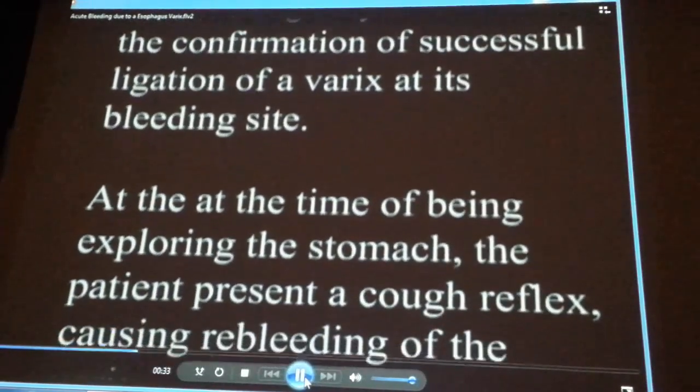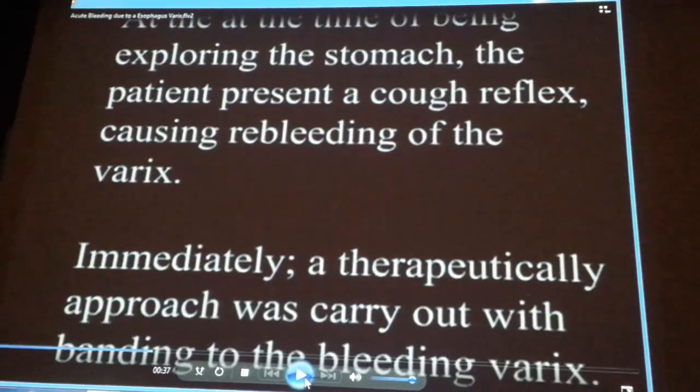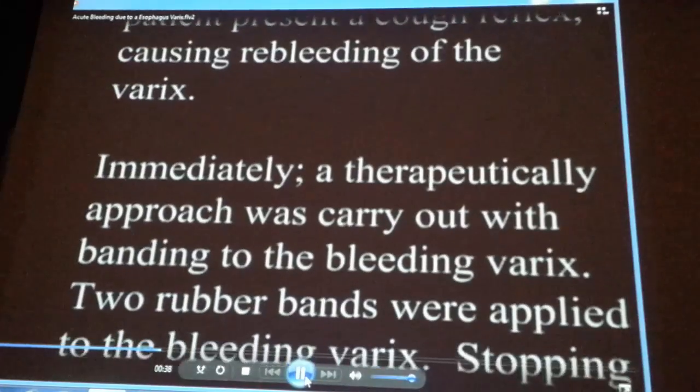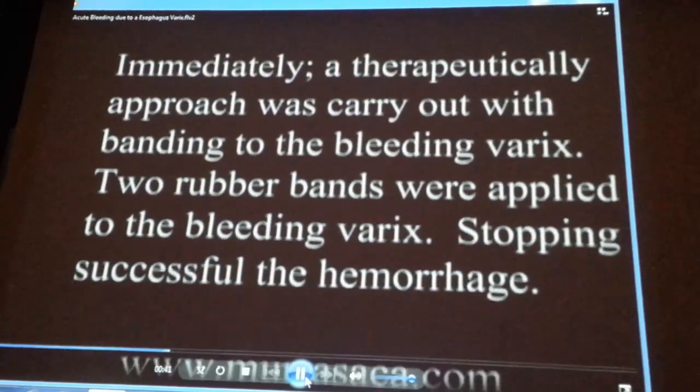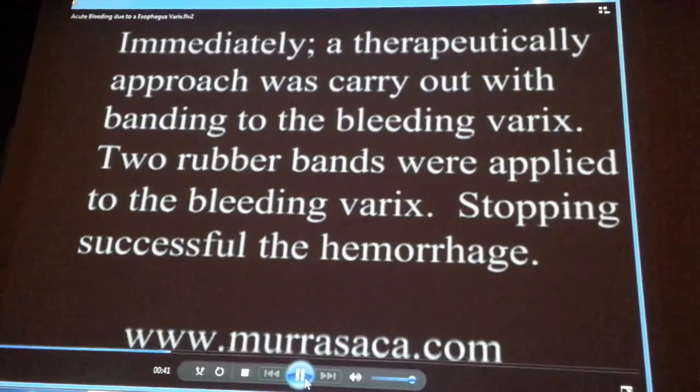At the time of exploring the stomach, the patient presented a cough reflex, causing rebleeding of the varix. The bleeding came back. Immediately, a therapeutic approach was carried out with banding of the bleeding varix.